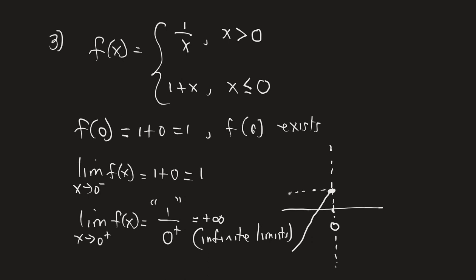So this would correspond to 1 right there on the y-axis. But then it's the other piece of the function that will go off to positive infinity. And if you remember the graph of 1 over x, you might remember something that looks like that. Not quite as squiggly there, right? But that's the graph of 1 over x, and we have to sketch it for this domain.